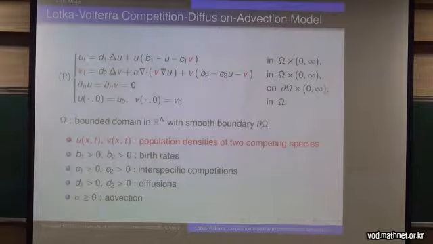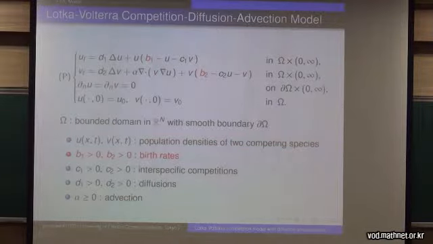So the left hand side denotes the time derivative of the unknown functions u and v, which consists of the combination of these two reaction terms. The reaction terms are the traditional Lotka-Volterra competition terms, and linear diffusion terms here, and the advection term in the second equation. Okay, let's see the reaction terms.